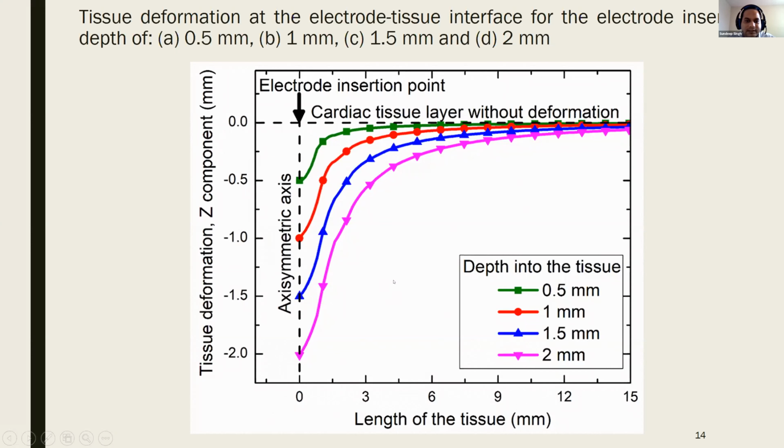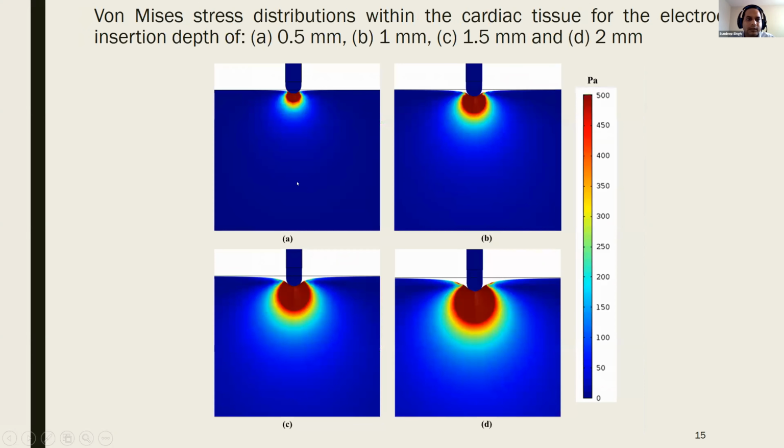So this could result in overestimation of the ablation volume if we assume just a sharp insertion, whereby the electrode is inserted but there is no deformation at all. These are the von Mises stress distributions for different values of insertion depth. As you can see, the maximum value goes to around 40 kilopascal for 2 mm insertion depth.